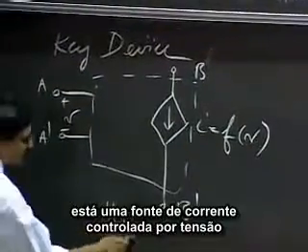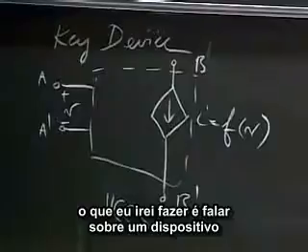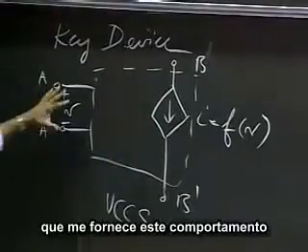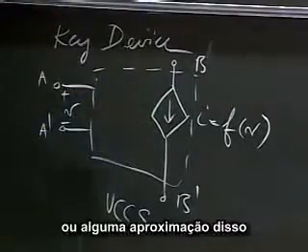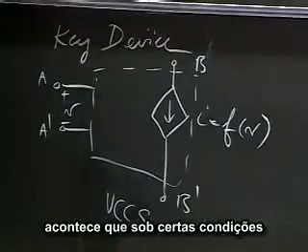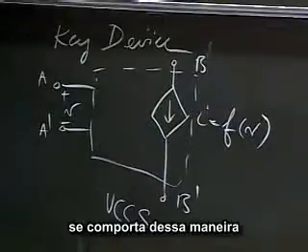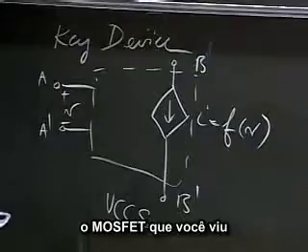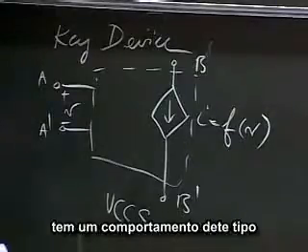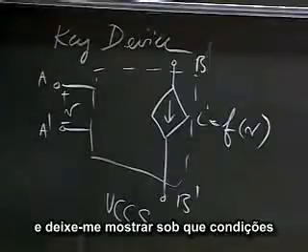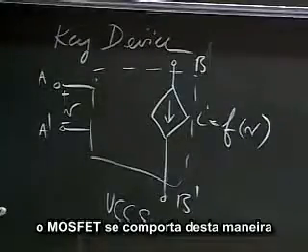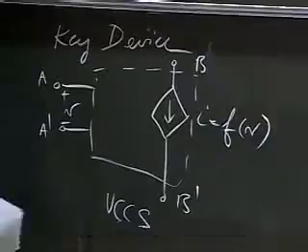So this is a voltage-controlled current source. What I'm going to do is talk about a device that can give me this behavior or some close approximation to it. It turns out that under certain conditions, the MOSFET that you have already looked at behaves in this manner. Let me show you under what conditions the MOSFET behaves in that manner.